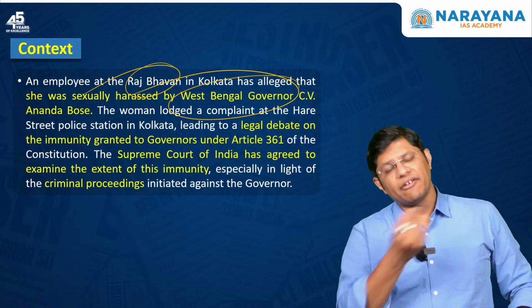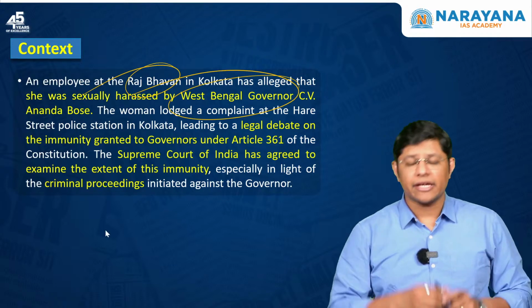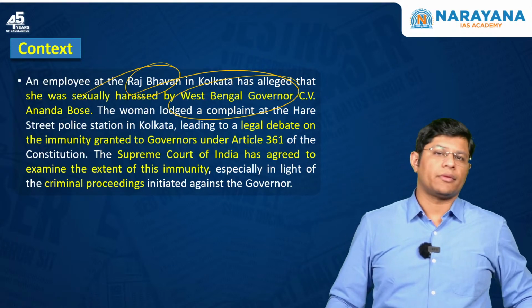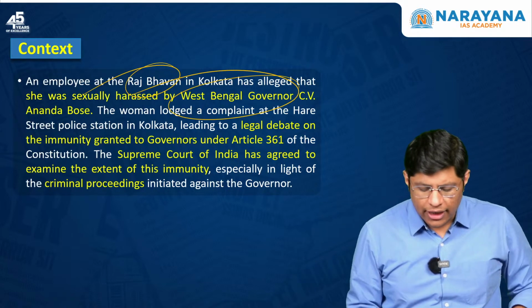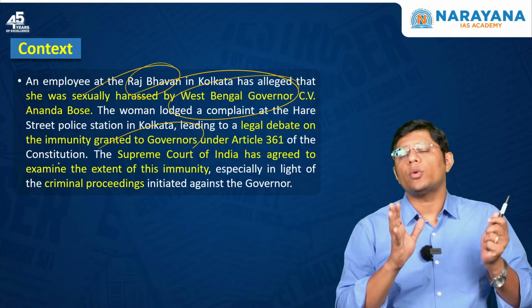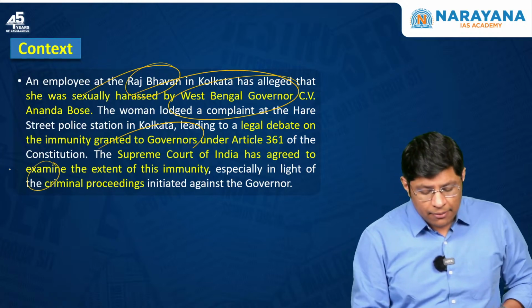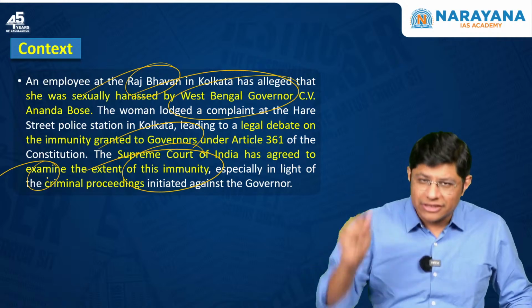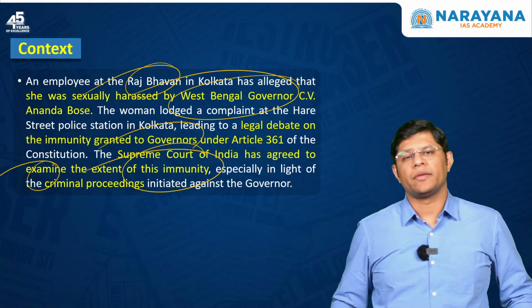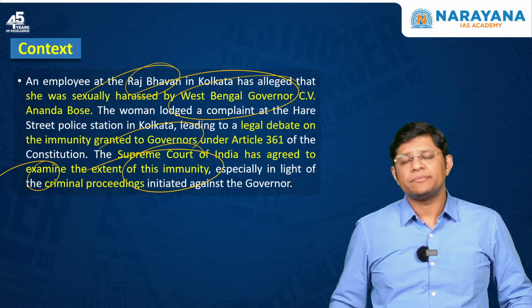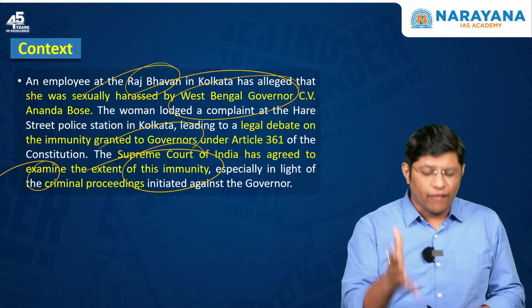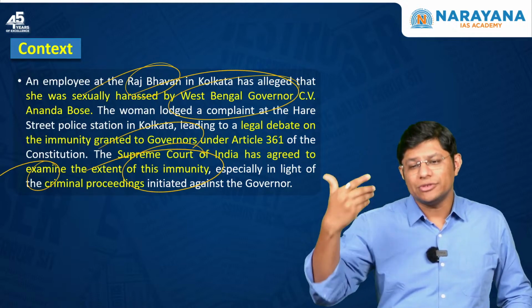But as the governor enjoys civil and criminal immunity, that is protection, he was not arrested. That's the reason the Supreme Court has said it is very important to examine the extent of the immunity given to the president and the governors. Here we'll understand whether the immunity given to the president and governor is justified and what the Supreme Court has to say.